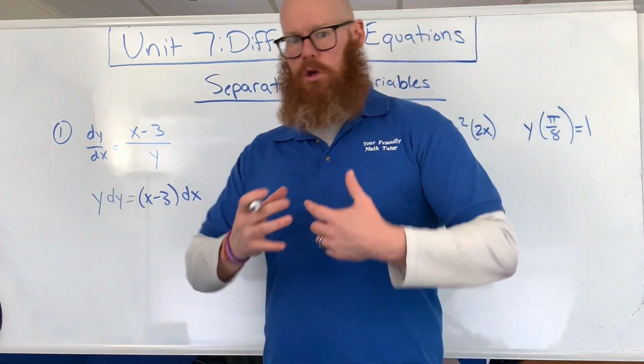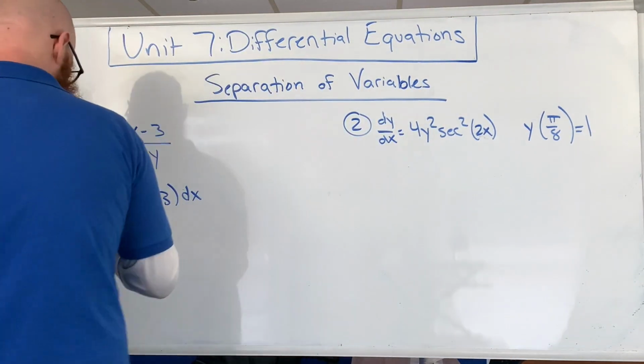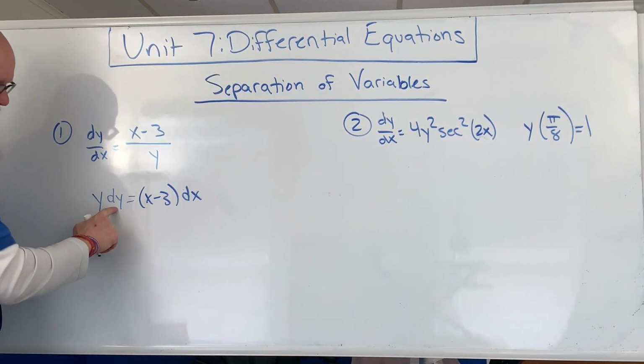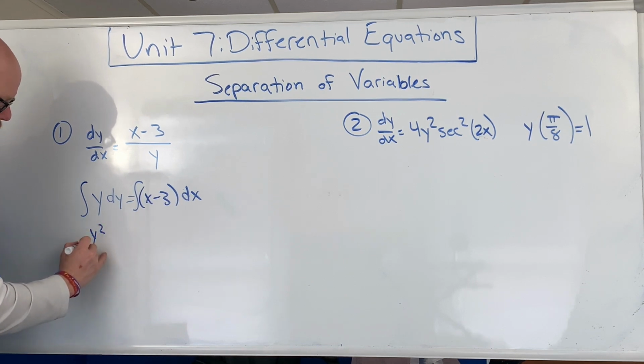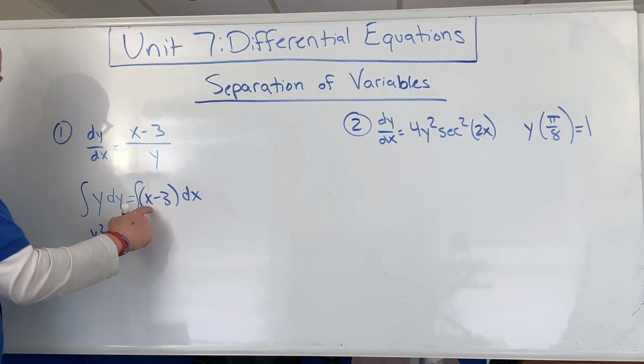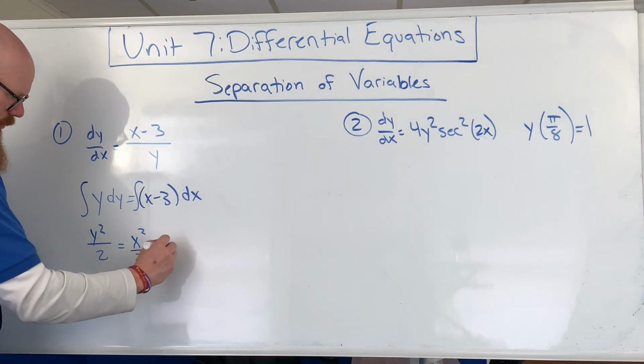So again, in algebra, what you do to one side, you do to the other. We're allowed to integrate both sides, but for now, if there's a y, we need there to be a dy, and if there's an x, we need there to be a dx. So I can just take the integral of both sides. The integral of y dy is y squared over 2. And the integral of x minus 3 is x squared over 2 minus 3x.